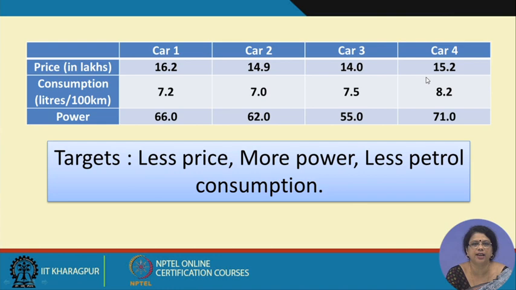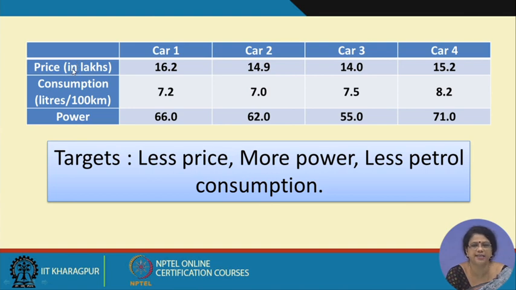You see, we have 4 cars: car 1, car 2, car 3 and car 4, 4 models. Now, we have to take a decision on which car is more preferable to me. There are certain criteria to select the car model.